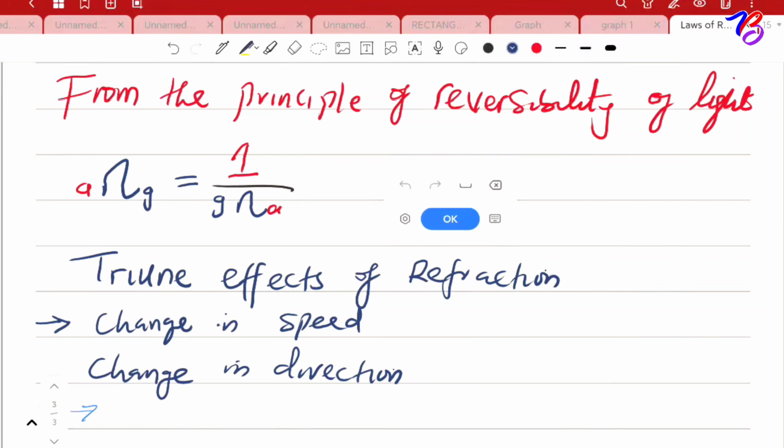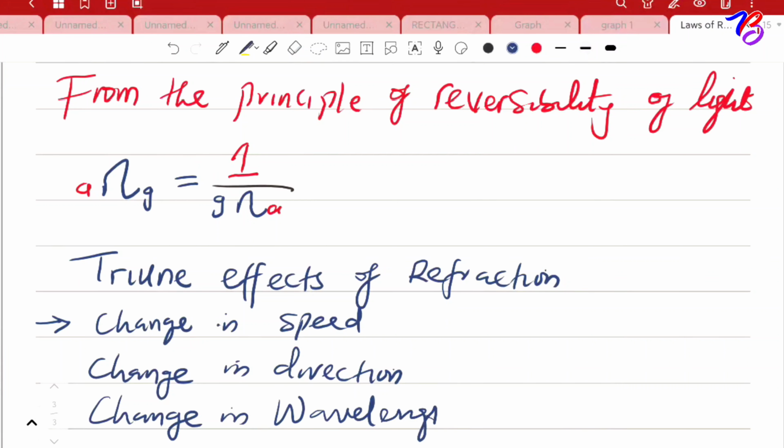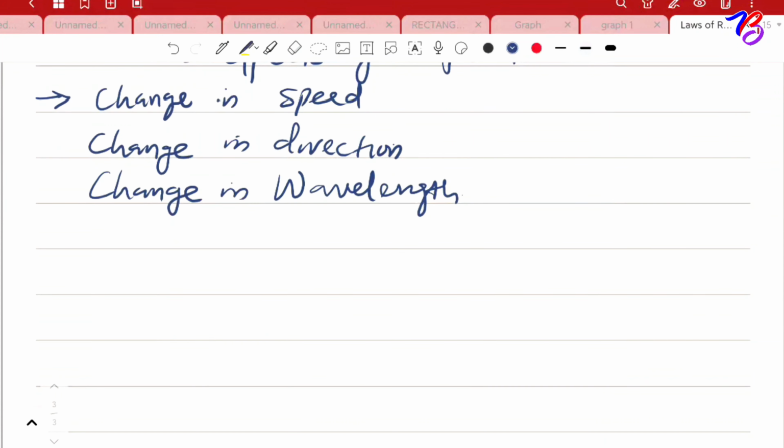You can see that practically from air to glass. Then number three, there is a change in the wavelength, which is lambda. There's a change in the distance. Are you following? So these, we term them to be the triune effects of refraction. And each of these has its own formula, okay, following the same process.